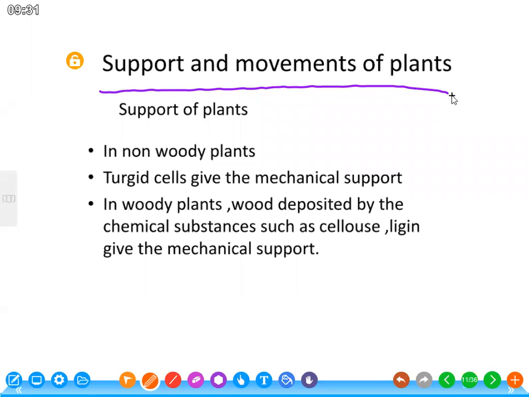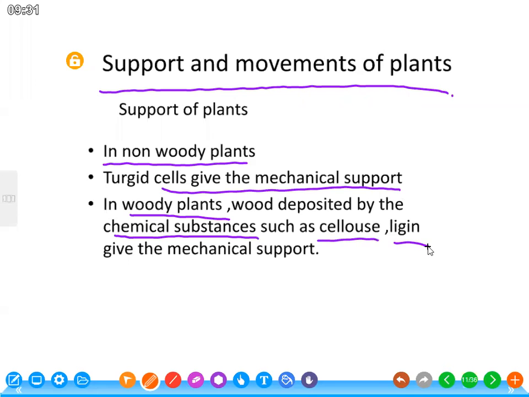So, support of plants: in non-woody plants, turgid cells give the mechanical support. But in woody plants, wood deposited by chemical substances such as cellulose and lignin gives the mechanical support.